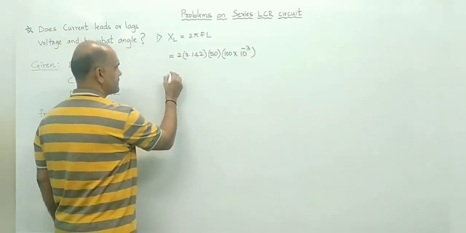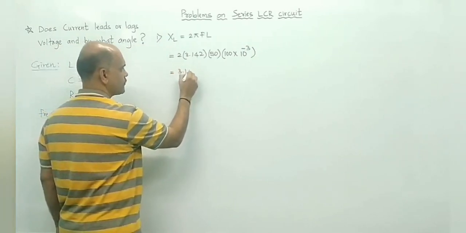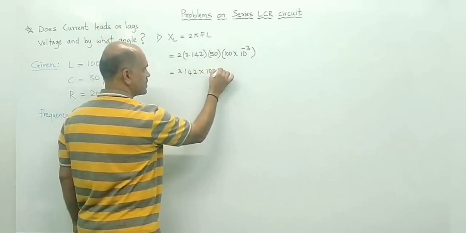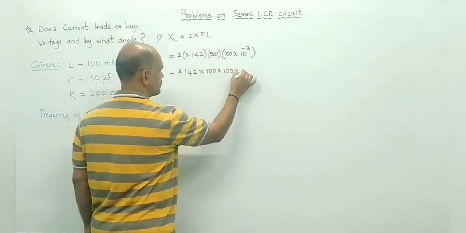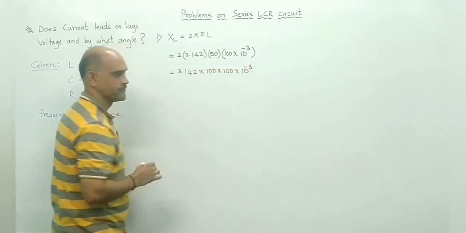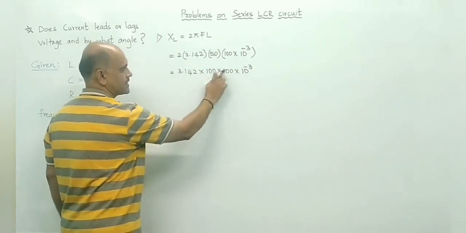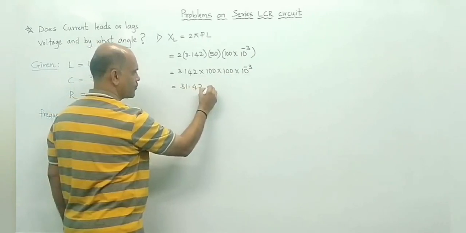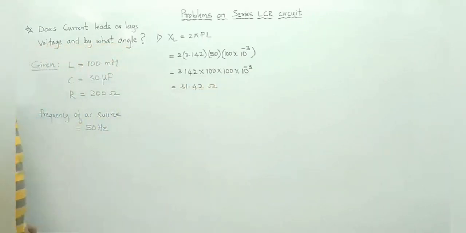Simplify: 3.142, 50 into 2 is 100, into 100 into 10 raised to minus 3. The zeros cancel, and you will have XL as 31.42 ohms.